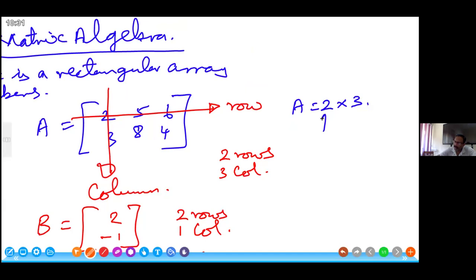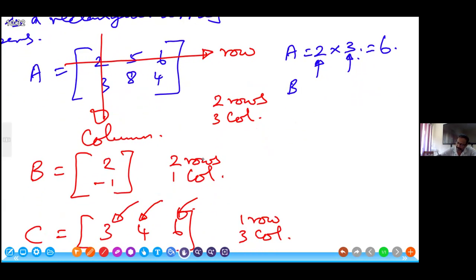So 2 rows, always you write the number of rows first, then number of columns. 2 into 3, that is 6. Matrix B is 2 into 1.